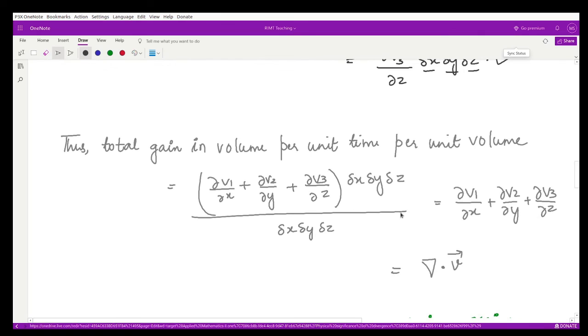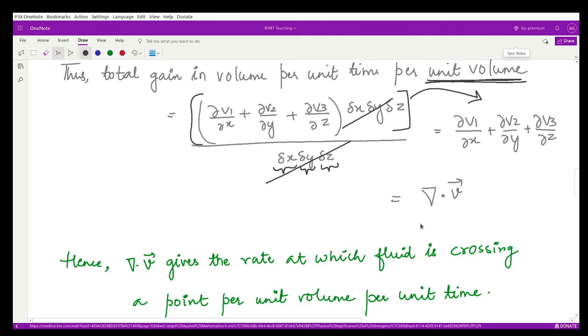When you add up all three, you have this, and this is the total gain in volume per unit time. To calculate it per unit volume, we have to divide by the total volume, and the total volume would be the length in x, the length in y and the length in z multiplied together. So this quantity cancels out with this one, and you are left with this.